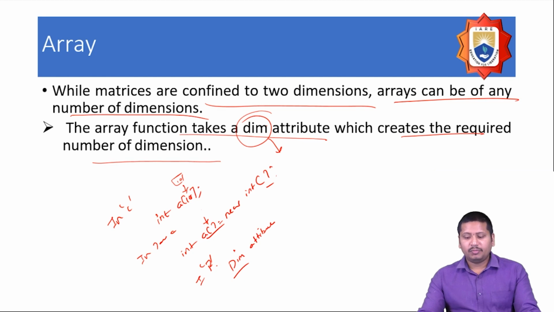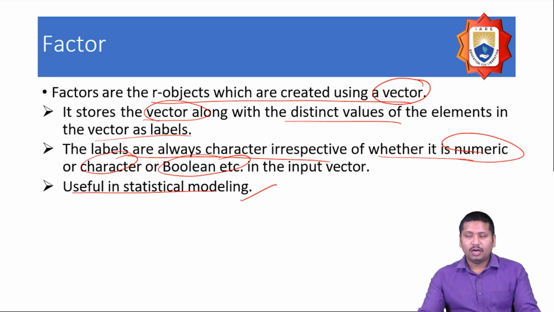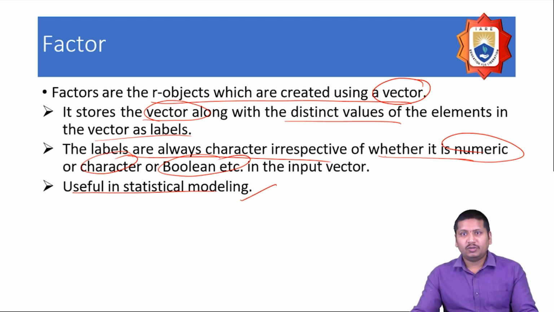Arrays can be one dimensional, two dimensional, and the dimension is created on an array using the dim attribute. The factor is another kind of object which is created using a vector. It stores the vector as distinct values, and the labels can be numeric, character or boolean.